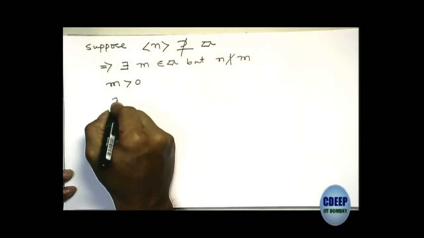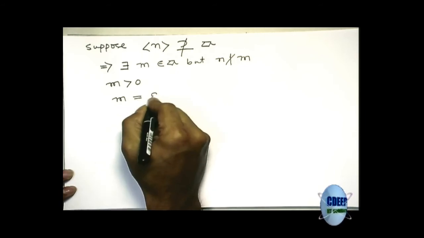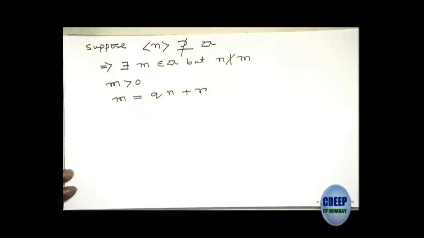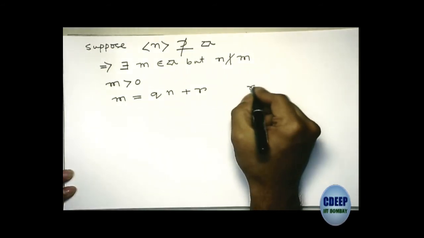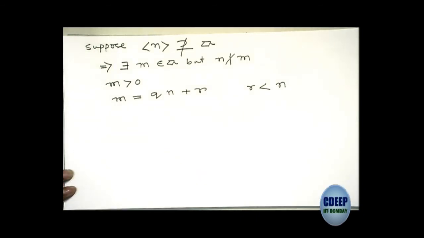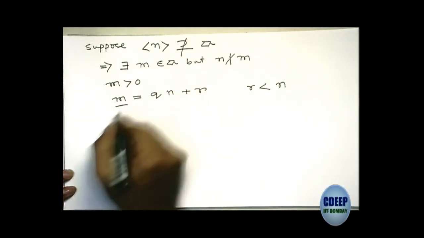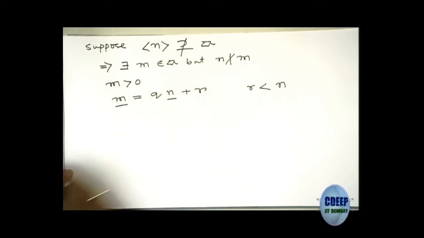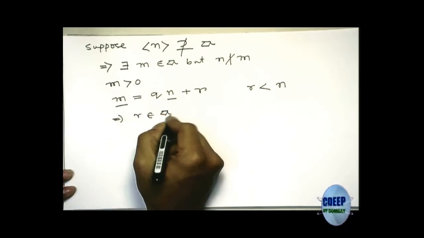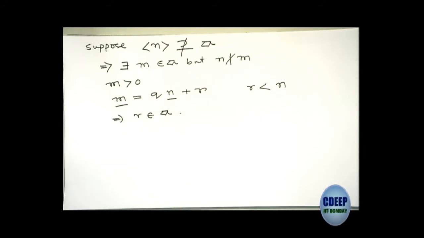Now M by Euclidean division can be written like this, M equals Qn plus R, and R is strictly less than n. Now M is there in the ideal, n is there in the ideal, Qn is there in the ideal. This will prove that R is also there in the ideal, which is a contradiction unless R is 0.